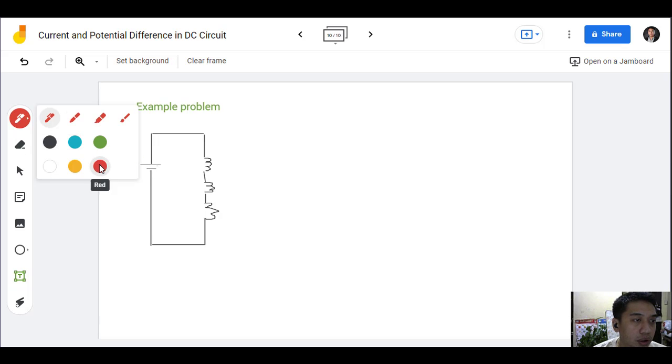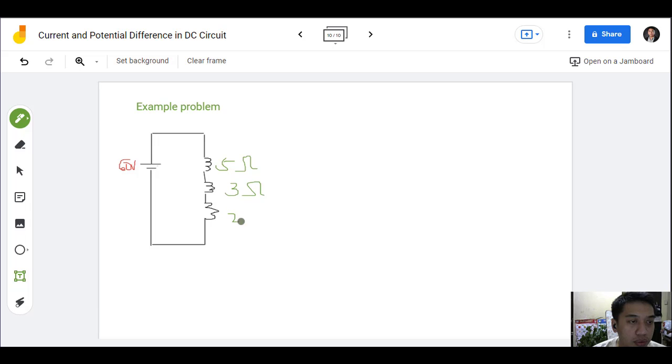Let's say we have here 60 volts, then let's say we have 5 ohms, 3 ohms, and 2 ohms.